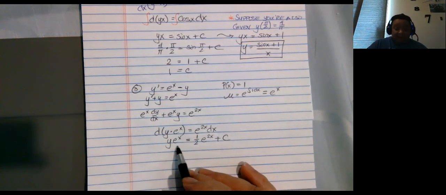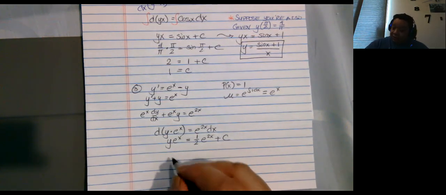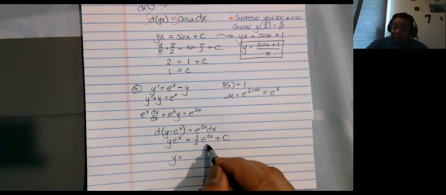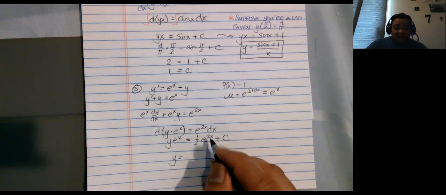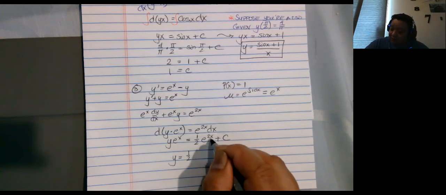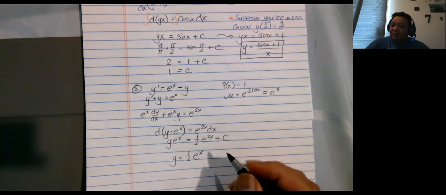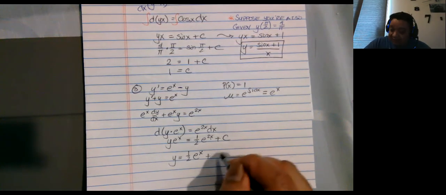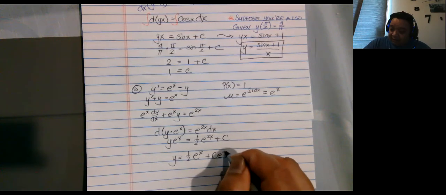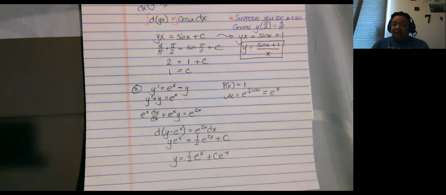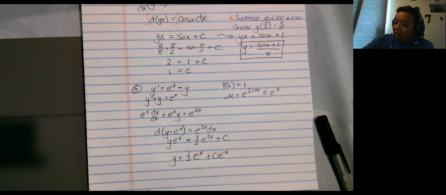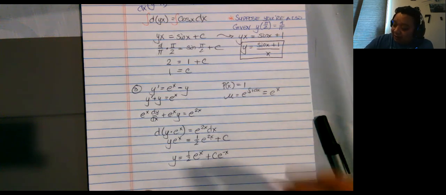And then divide by e to the x, right? So you'll get y is equal to, so if you divide, you're going to end up subtracting the exponent. So 1/2, so 2x minus x would be e to the x. And then don't forget that c is also divided by e to the x. So you're going to get e to the minus x on that one, right? So let me write that out over here.